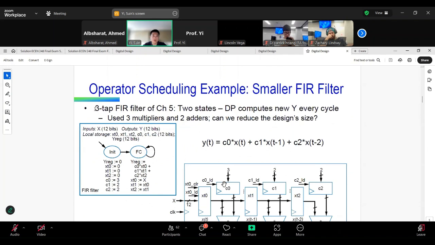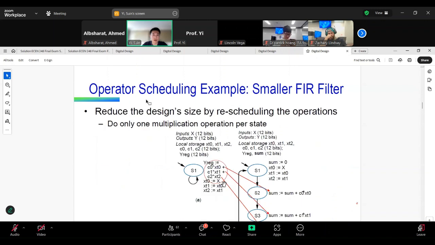Your FIR filter used to be a sequential version or a concurrent version. The original FIR filter you learned was the concurrent version, which means you deploy many multipliers and adders, and then you execute everything in one step. When it comes to operator scheduling, you can come up with a smaller version, which means a sequential version of the FIR filter.